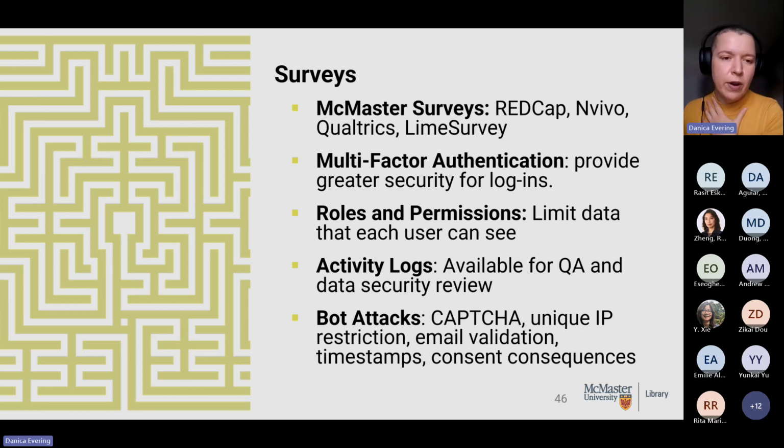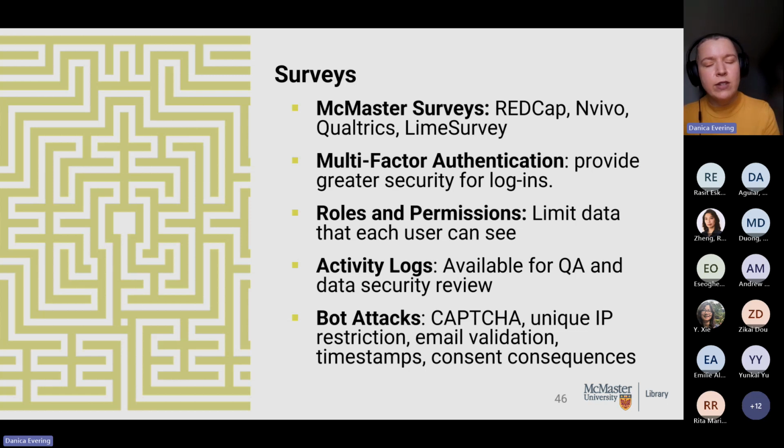If you are working with a survey that is publicly available, we've been seeing from researchers that there are increasing bot attacks that are quite frustrating, especially if there is any sensitive data or sensitive topics. Things to support that are setting up a CAPTCHA, which ensures that you're working with a human being. You can also restrict entries to one IP address so that you can't get many from the same one.